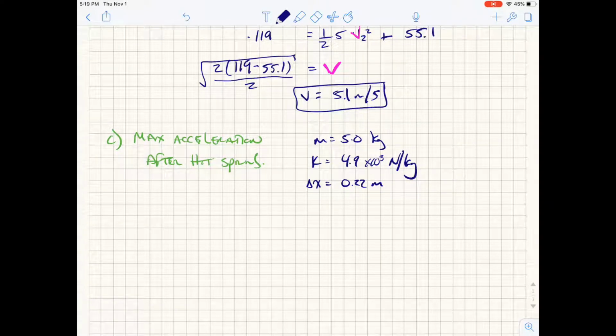Now because we're dealing with force, we want to remember our formulas. F net equals ma, and we can also use Hooke's law because we're talking about force and springs, that the force that the car applies to the spring is equal to negative kx.